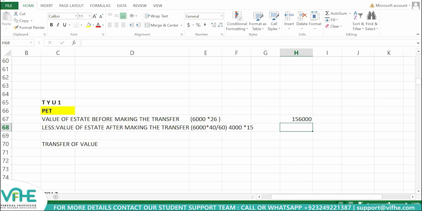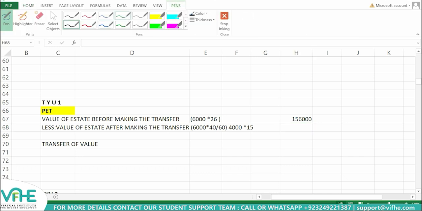And then what was given by her? Yes, 20%. So she herself will have been left with 40%. First of all, I need to figure out the number of shares. As she used to own 6,000 shares, which was representing 60%, and she is left with 40% holding, I am going to divide 6,000 over 60 and multiply it with 40 to see how many shares will be considered equivalent to 40% holding.